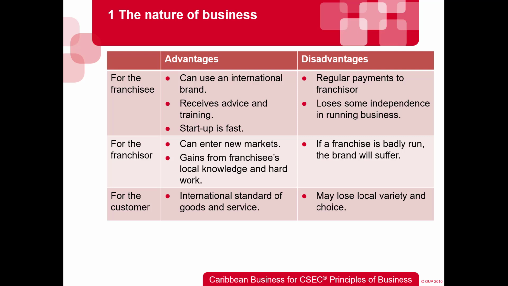For example, I don't know if you ever heard about McDonald's University, but people actually register and attend McDonald's University to learn how to run a McDonald's. These are some of the training and advice offered by the franchisor of the McDonald's brand. If you're a franchisee, you can come into McDonald's University and learn the ways of McDonald's. So that's an advantage right there.